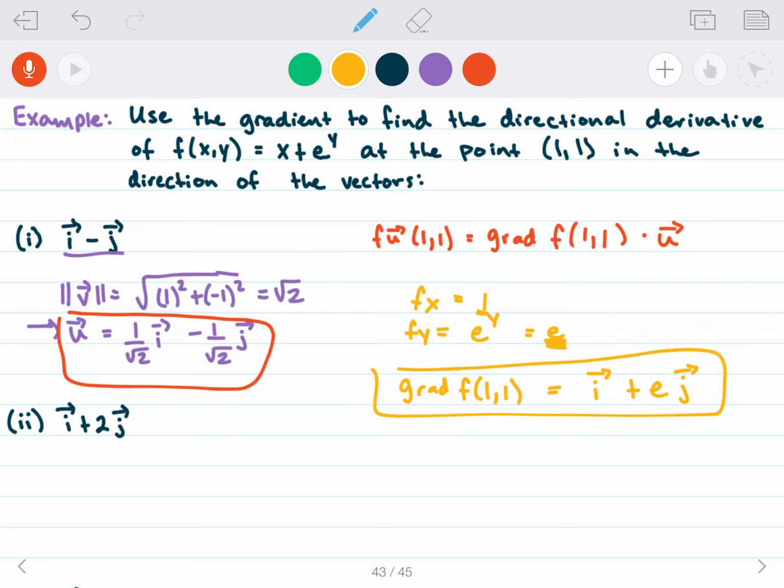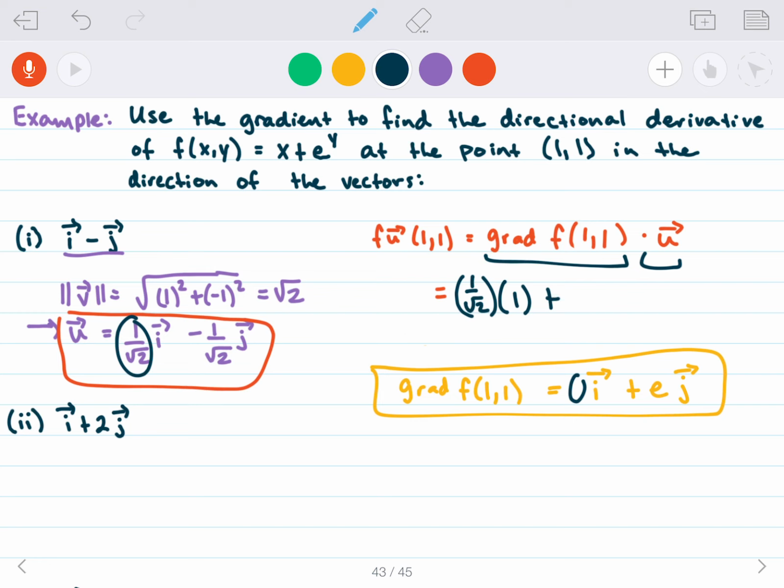So now all I have to do is dot these two things, and I'll have my answer. So remember, when we take the dot product of two things, we're just multiplying the corresponding components and adding them all up. So we should get a scalar. So we have 1 over root 2 times 1 plus negative 1 over root 2 times e.